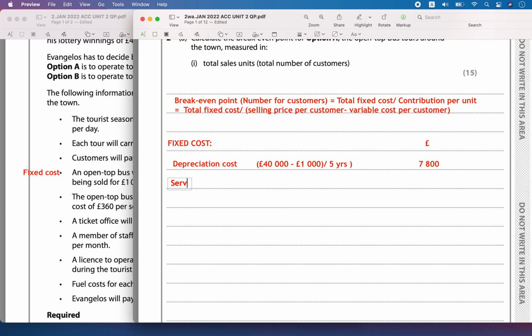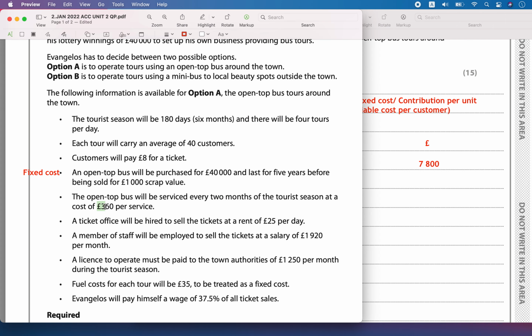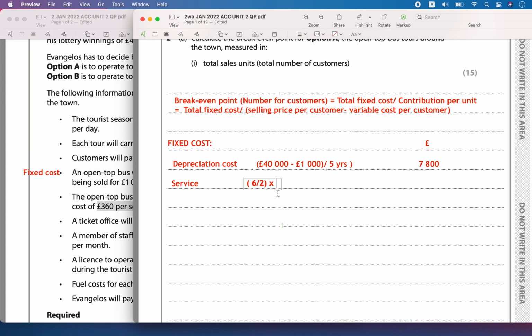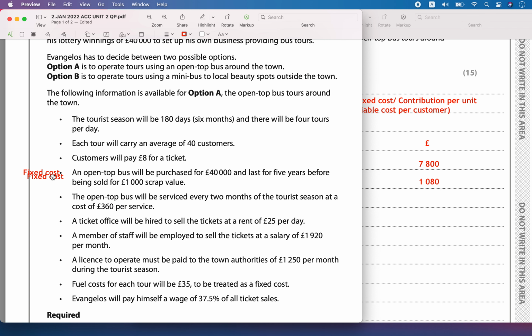Service charge is 3 into 360, which is equal to £1,080. Now this is also fixed.